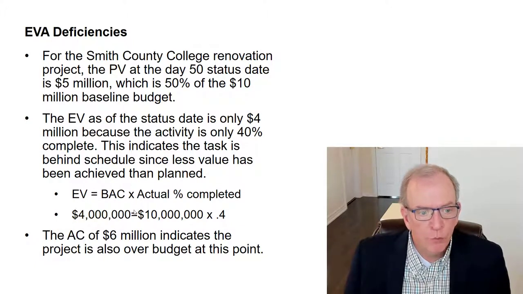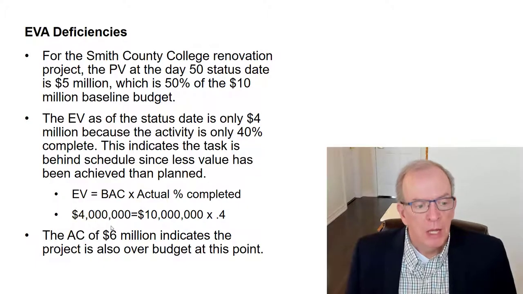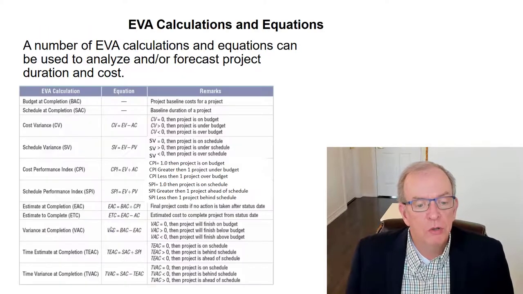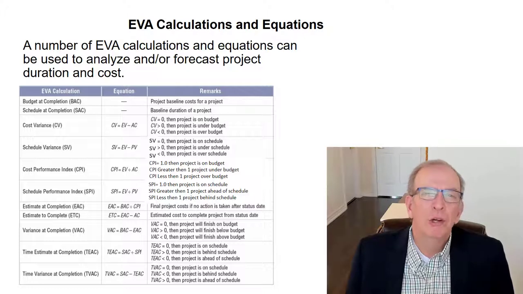So we're at $4 million because 40% of 10 million is 4 million. So the actual cost of 6 million indicates the project is also over budget at this point. So we're over budget and behind schedule, or underperforming on the schedule.